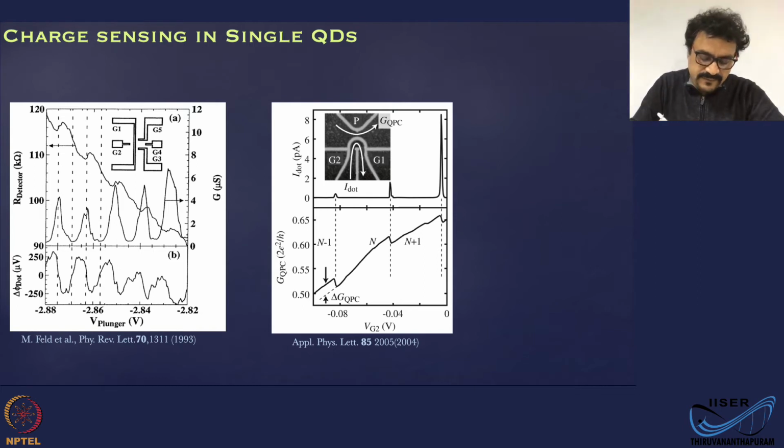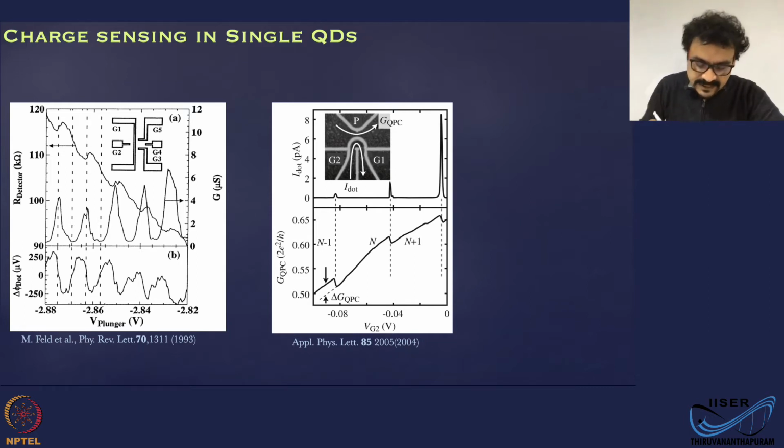So what we have here is the first experiment on detecting charge motion in a single quantum dot using quantum point contact.